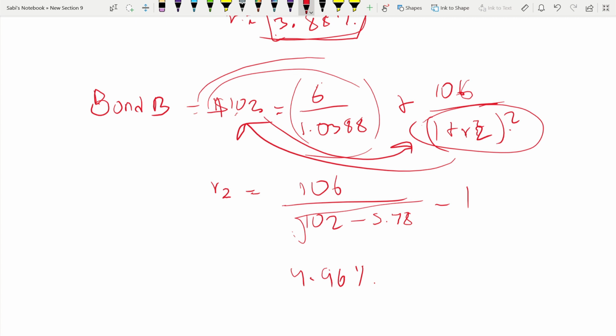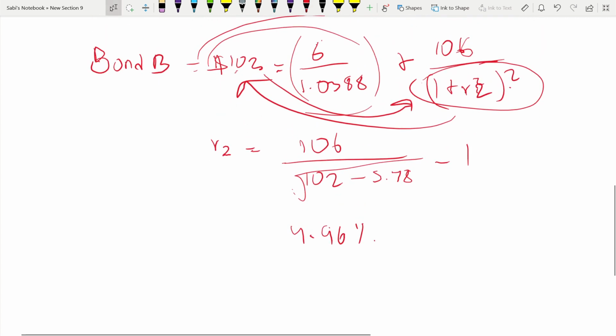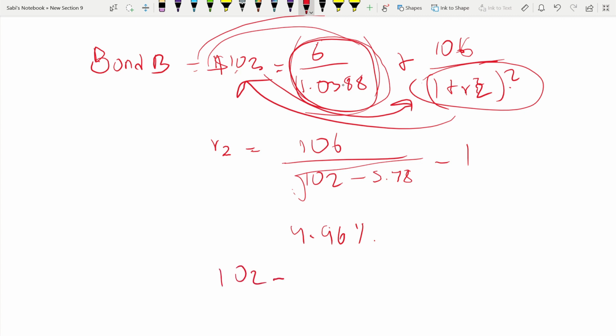Okay, I will show you another way of doing this. I think this is a little quick. Keep this side, rather bring this 6 divided by 1.0388 to the other side. So 102 minus 5.78 equals 106 divided by 1 plus R2 to the power 2.